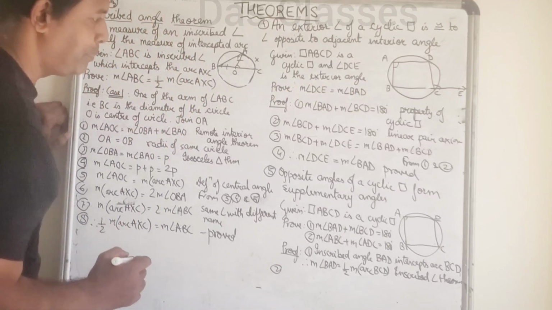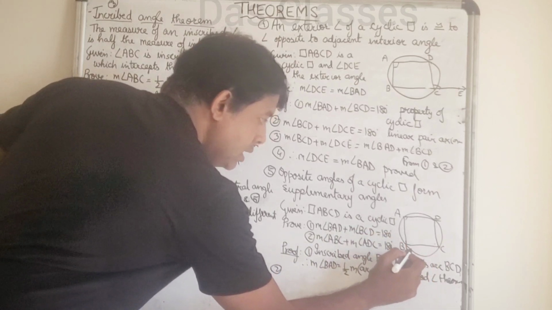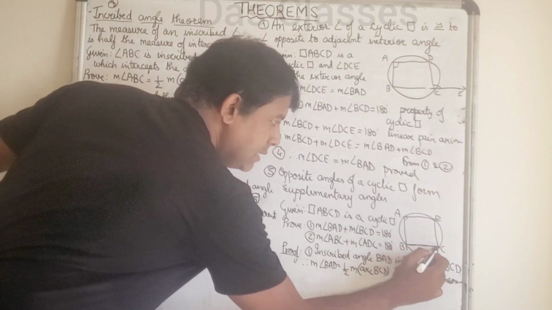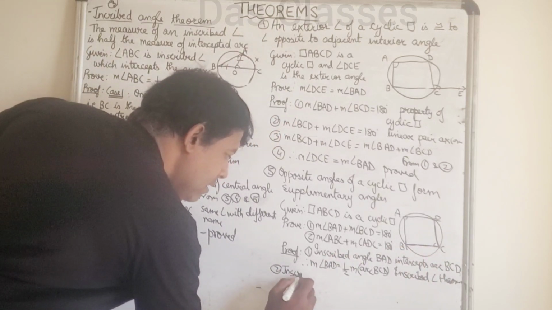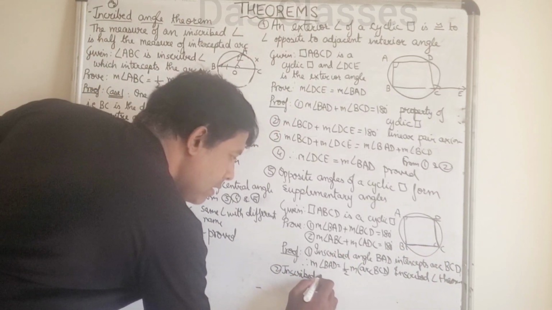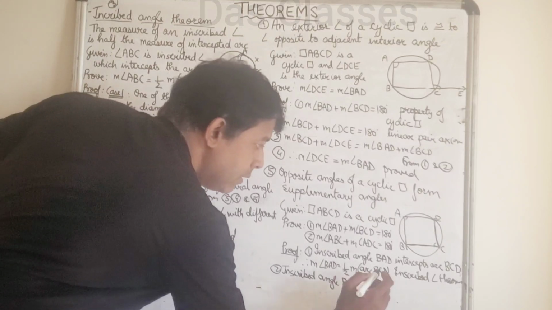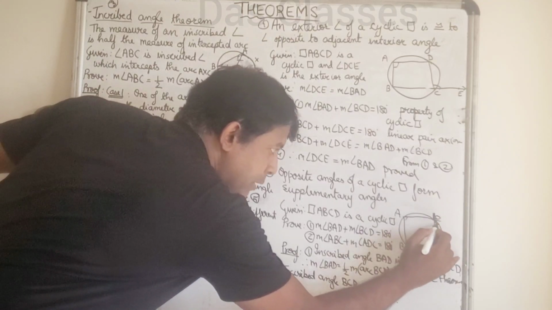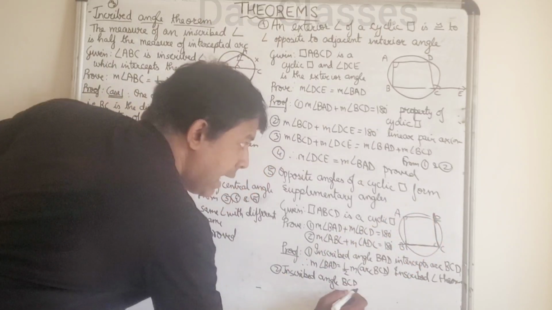Second step, again the same thing. This time let's consider this as the inscribed angle BCD. Now where does it intercept? You just extend it, you will come to know it is intercepting this much arc.